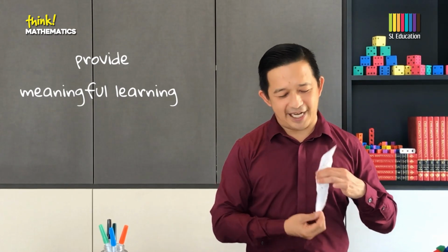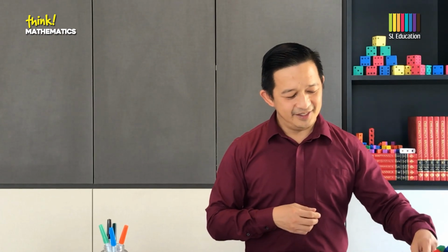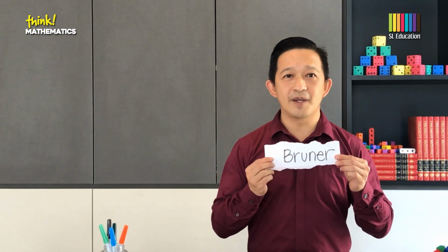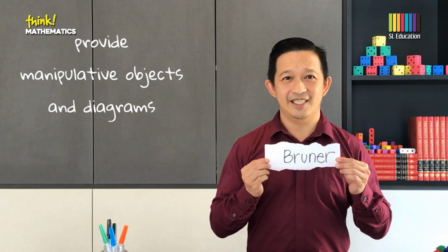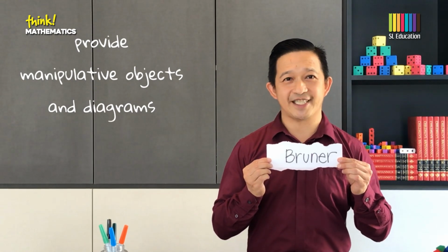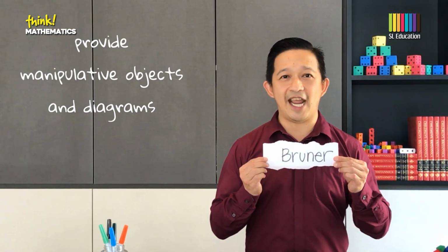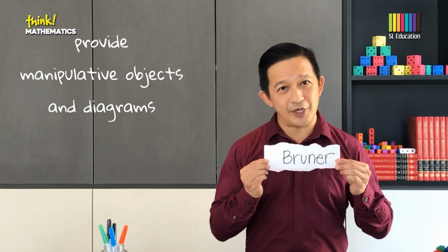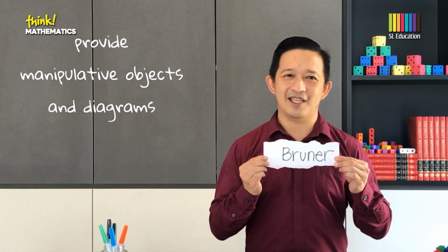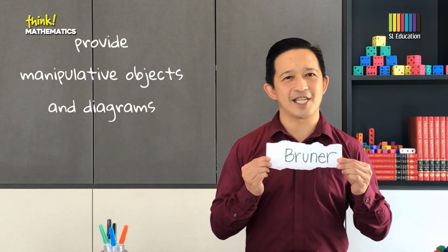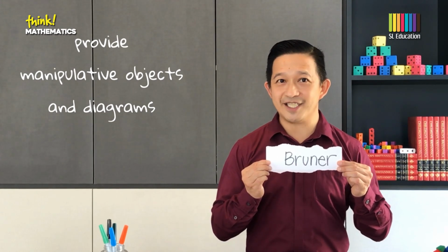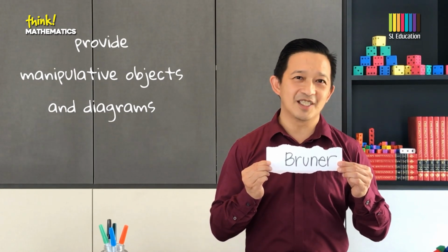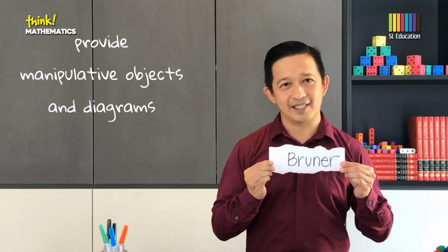Finally, we can also take the suggestions of Bruner, the so-called CPA approach. Let students learn abstraction through concrete experiences as well as pictorial representation. C for concrete, P for pictorial, and A for abstract.